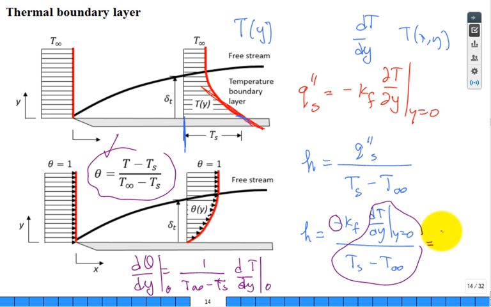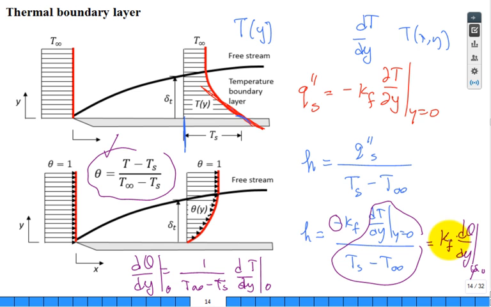Isn't that k sub f times d theta dy at the surface, or y equal to 0? Doesn't it? And so the minus sign takes care of itself and everything works out, although now it's so abstract I'm completely lost. So what is theta again? The temperature difference made dimensionless by dividing by a ratio. But anyway, there you go.